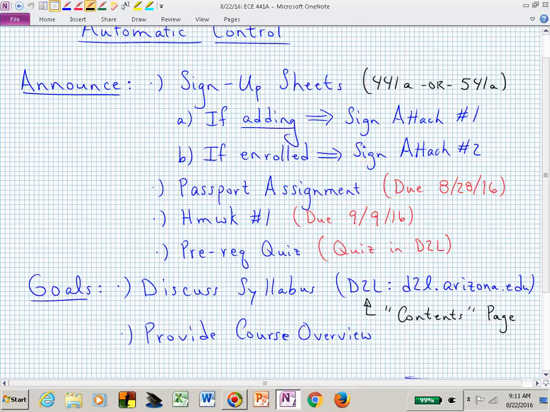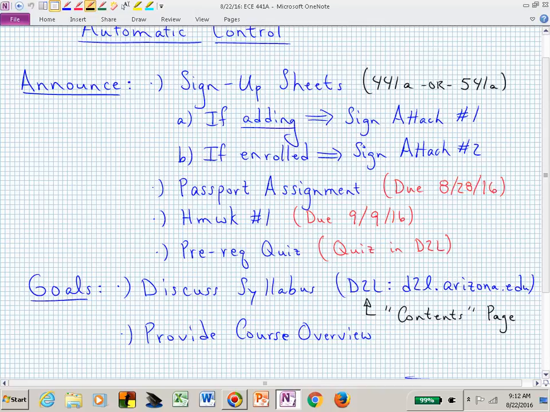But one of the questions is really difficult: which calculator are you going to be using? You can't miss that one. So you just fill in which calculator you have access to, and that gives me a feel for what you have access to. But we will be using MATLAB throughout the class as a computational engine.